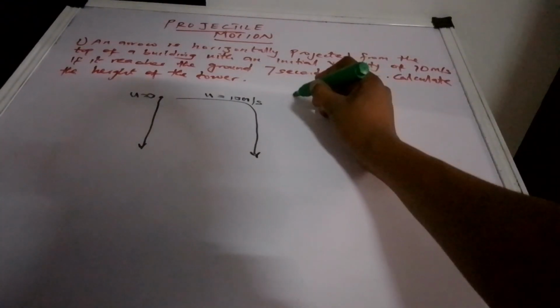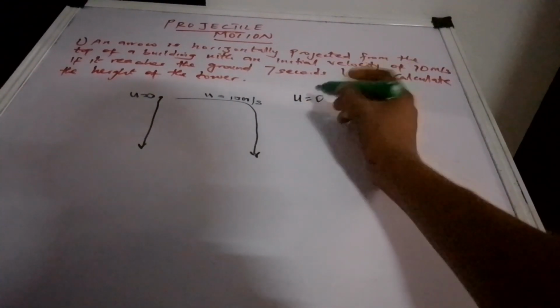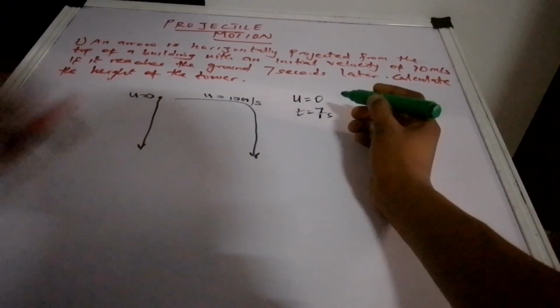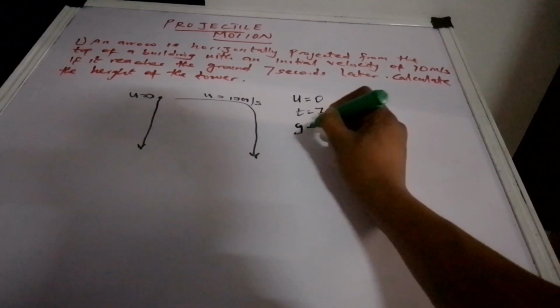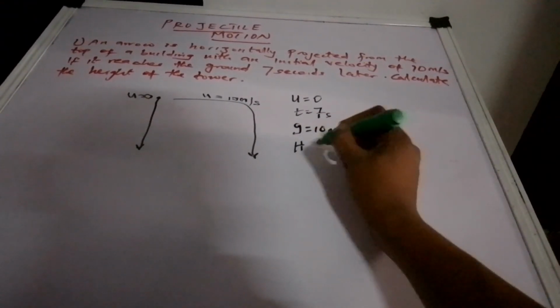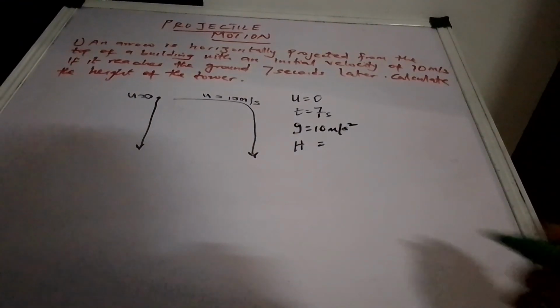So in that case, our u will be taken as 0, and our time is 7. Since the object is falling under gravity, our g is 10 meters per second squared, and we are looking for h.